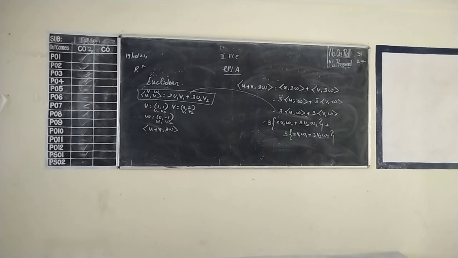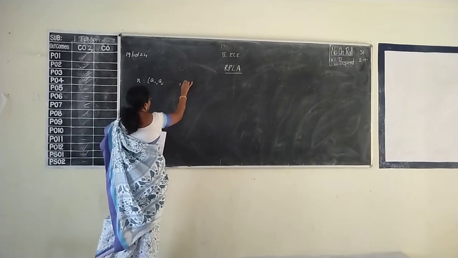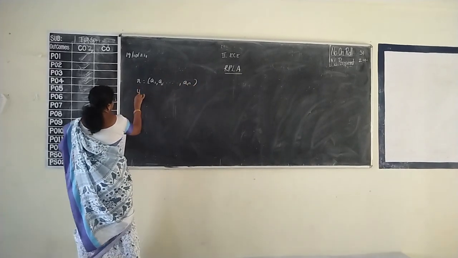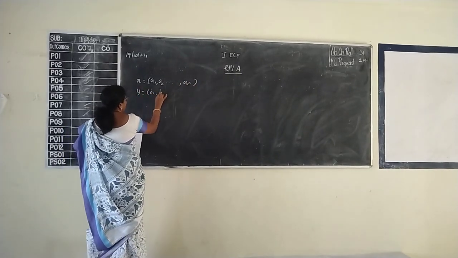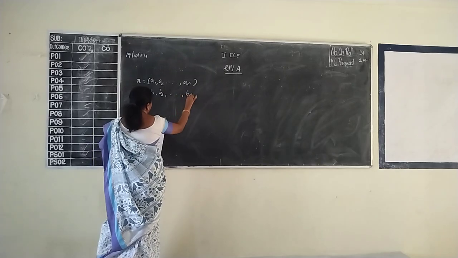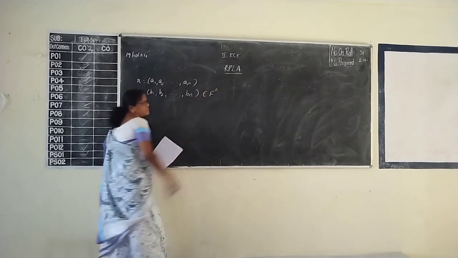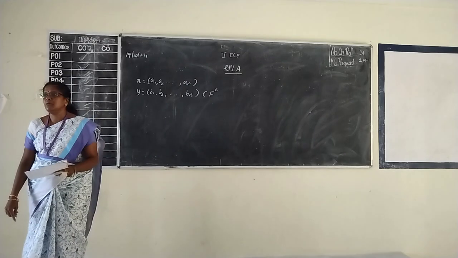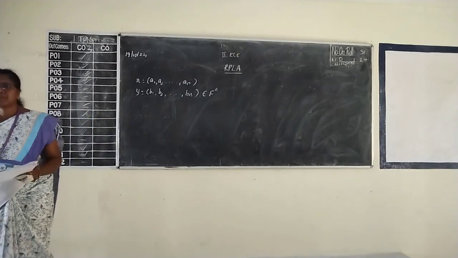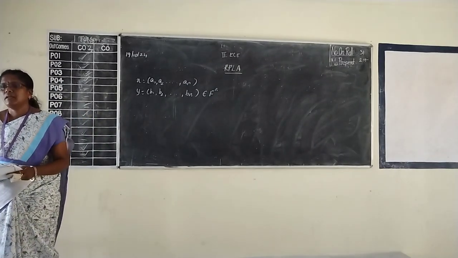Let x equal to a1, a2, etc., an, and y equal to b1, b2, etc., bn, belong to F power n.